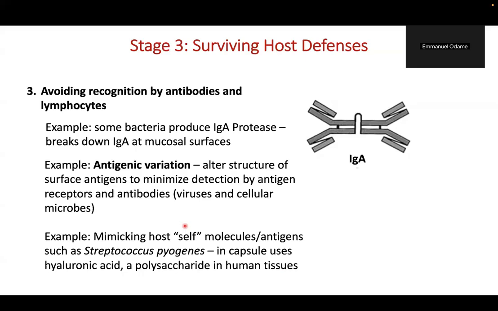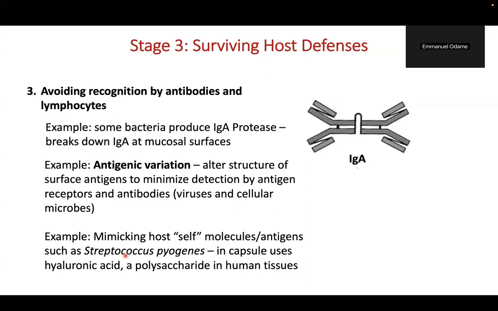And some of them also use mimicry. An example is Streptococcus pyogenes, where it produces molecules that mimic the self antigen of the human cell, so that T cells, the cytotoxic T cell, or the natural killer cells cannot recognize and take care of it.